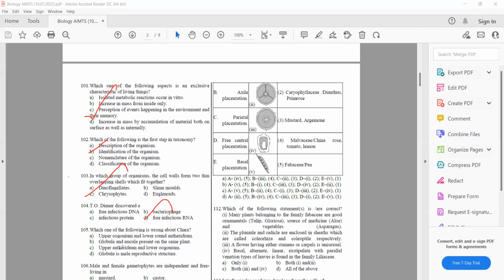You are just going to pick the statement which is wrong. As I mentioned previously, upper oogonium will be there and lower antheridium will be there. So statement C is wrong.